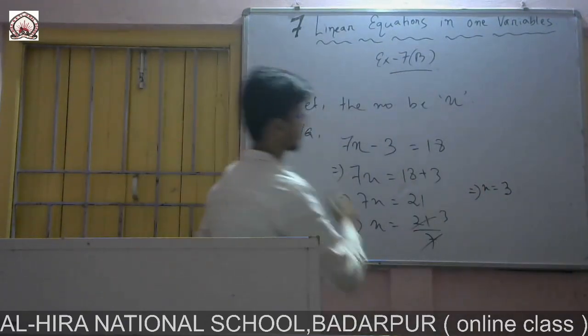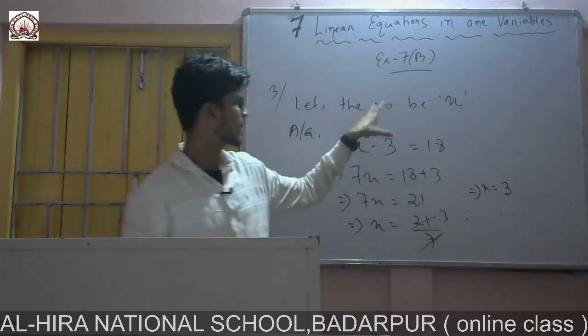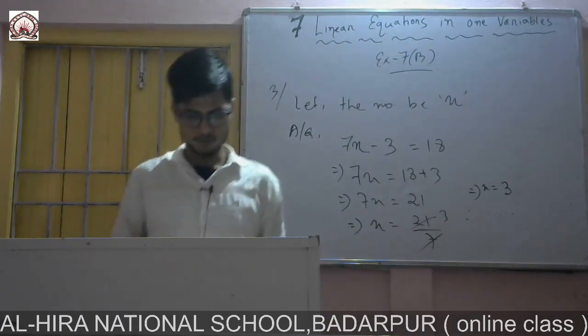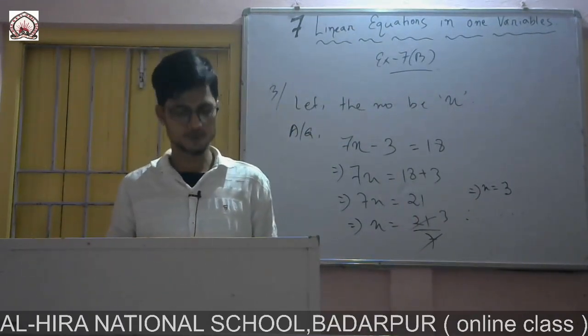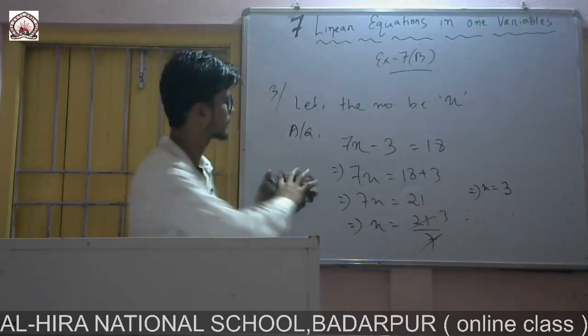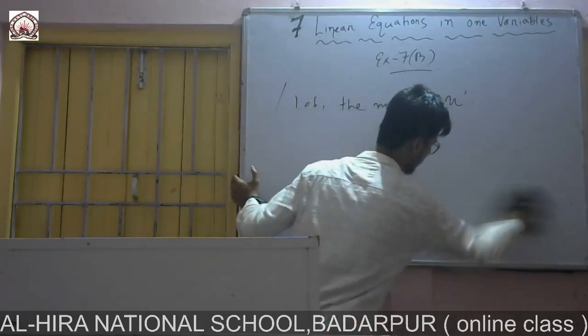So you write therefore the required number is 3. Now question number 4. 1/5 of a number is 9. Find the number. So same line, first of all you will write let the number be x.